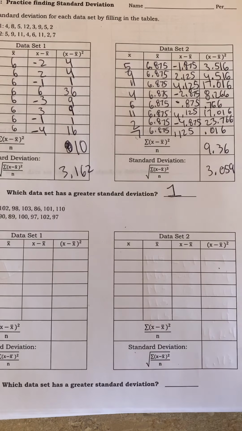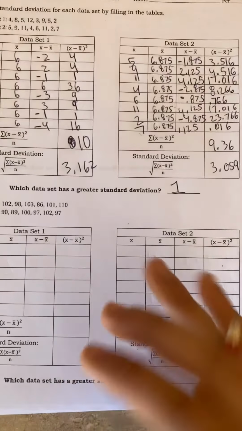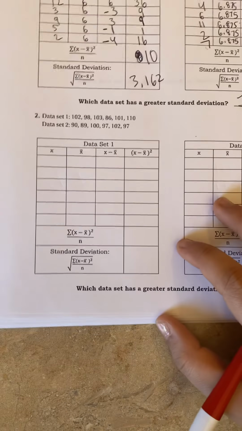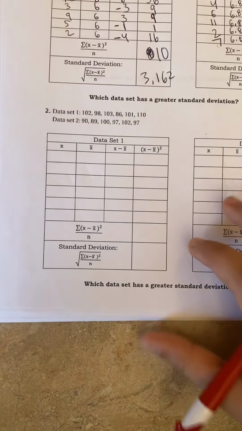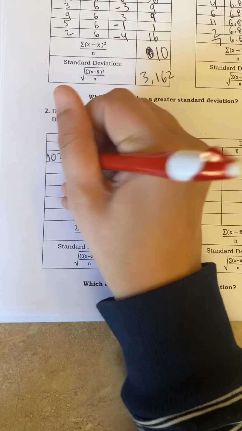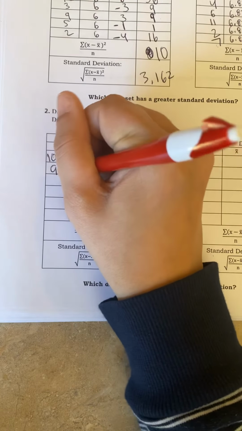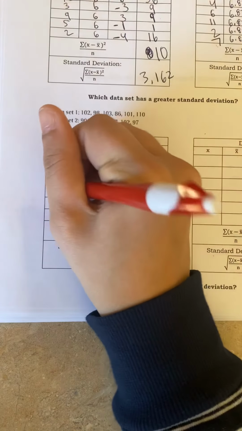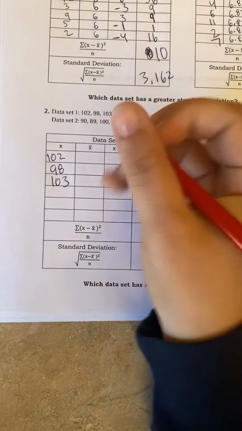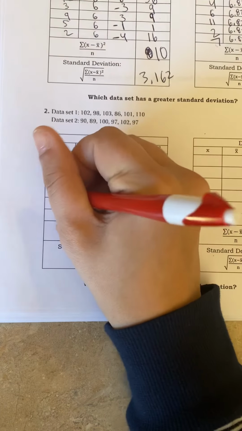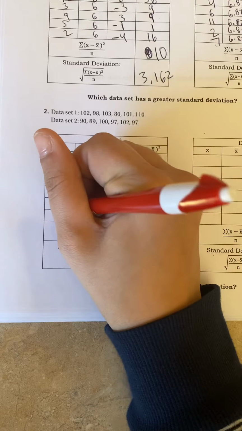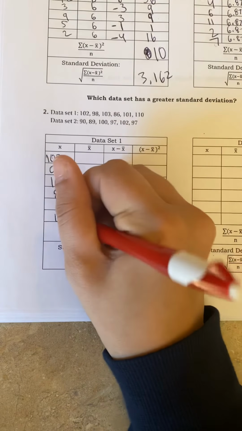So then we're going to do the next example. Okay, we're just getting a lot of practice in on how to do these. So the next example, our points are 102, 98, 103, 86, 101, and 110.